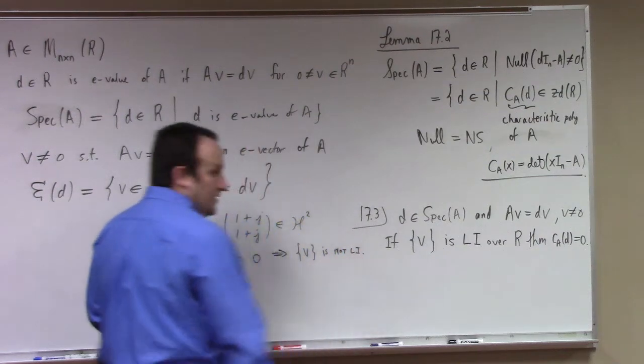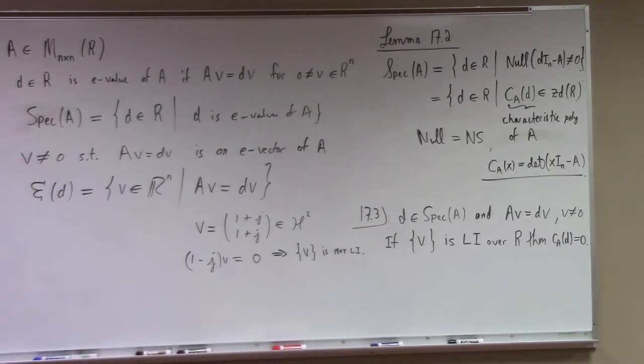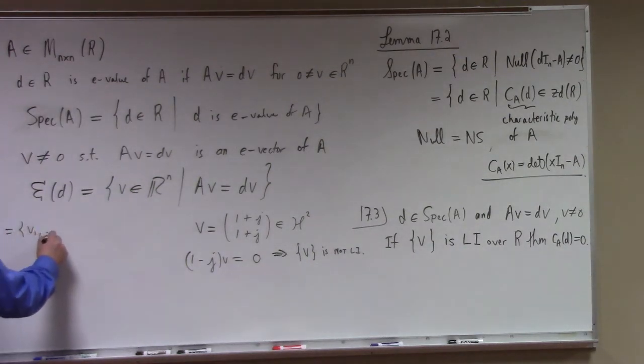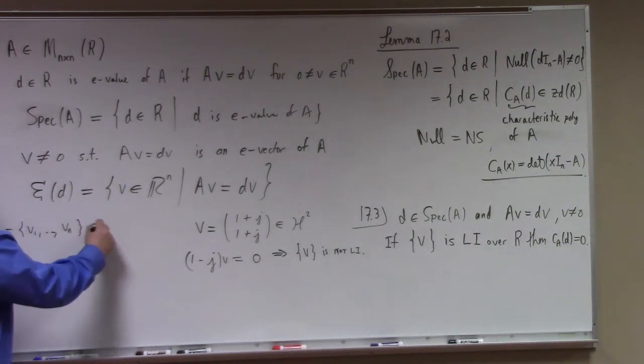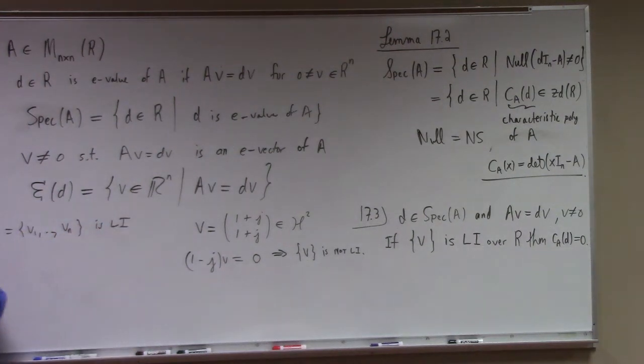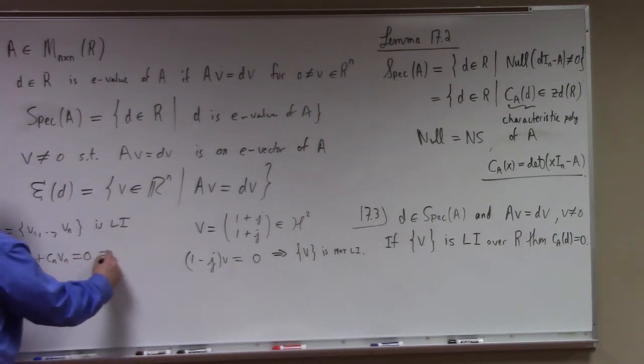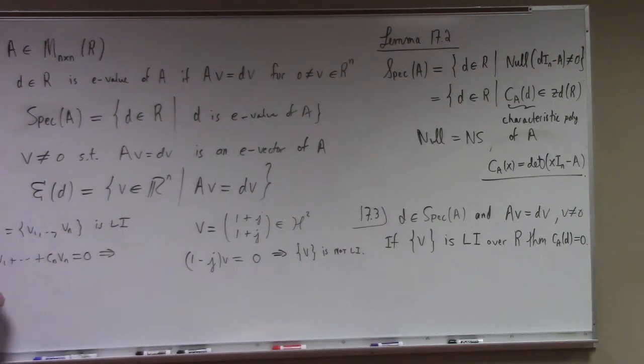This linear combination right here is damning. What was our definition of linear independence over a ring? It goes back to that. Definition: if we have a set S = {v1, ..., vn}, it is linearly independent if and only if c1 v1 + ... + cn vn = 0 implies c1 = 0, and all the way to cn = 0.